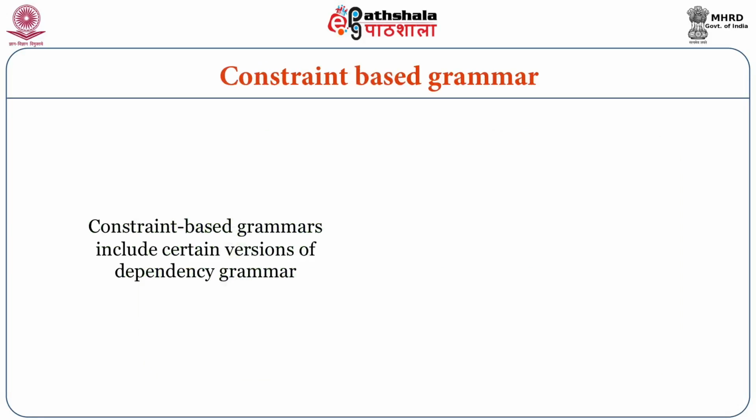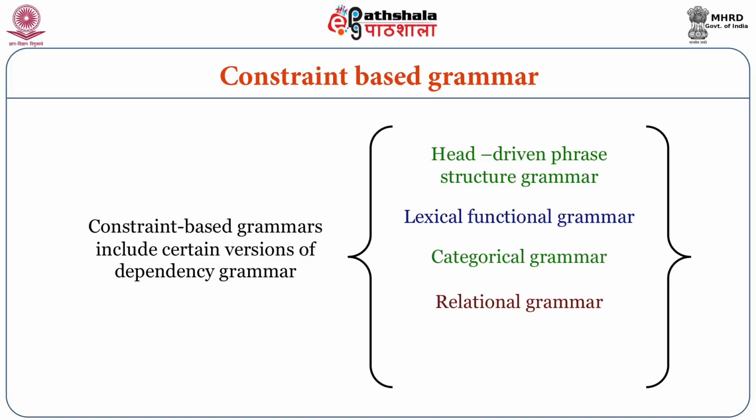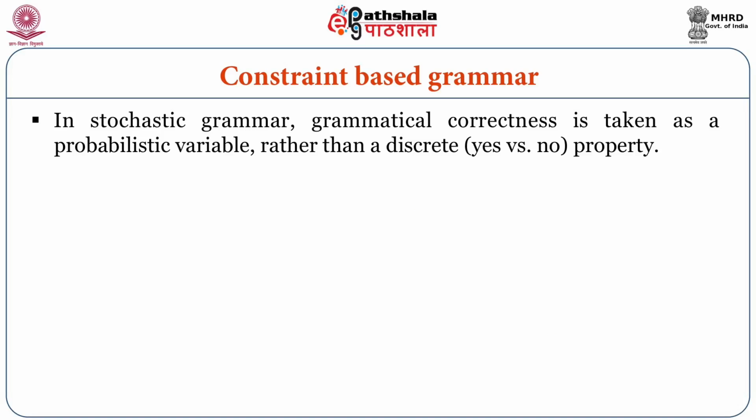Constraint-based grammars include certain versions of dependency grammar, head-driven phrase structure grammar, lexical functional grammar, categorial grammar, relational grammar, link grammar, and tree adjoining grammar. In stochastic grammar, grammatical correctness is taken as a probabilistic variable rather than a discrete, yes versus no, property.